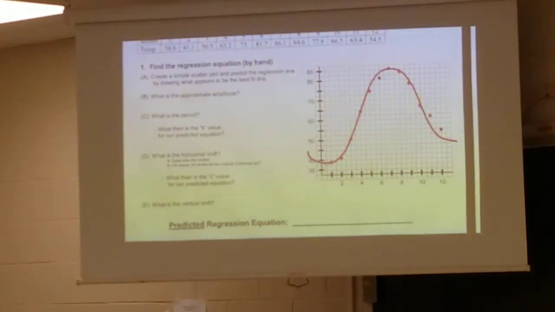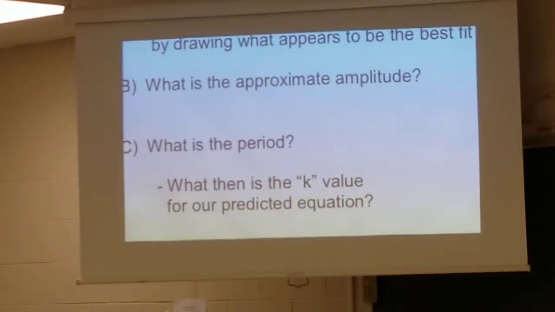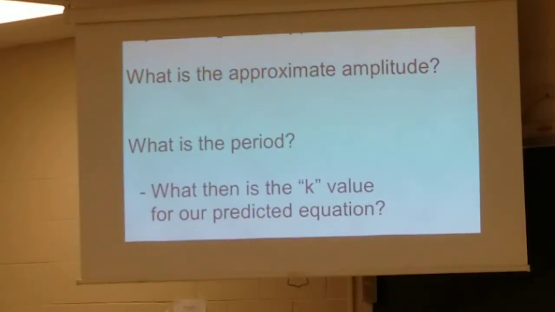Now, it's a little harder to just look at this graph and come up with the amplitude. To be quite honest, I don't even like to just look at the graph. And so I'm going to suggest a formula that I actually showed you back on day one, like 3 weeks ago. But today's the day where we actually use the formula, and you'll find out that it's awfully nice, because there's a formula for amplitude.